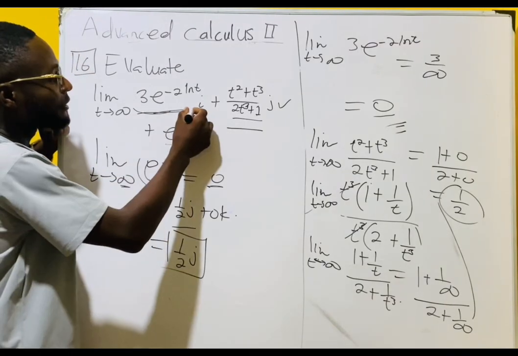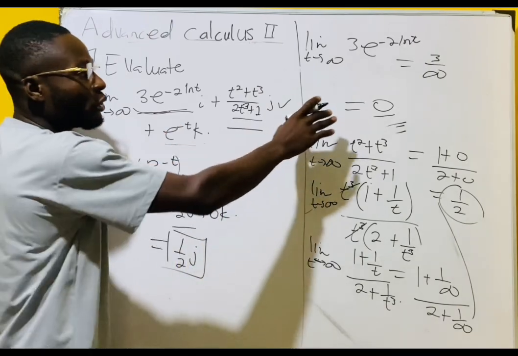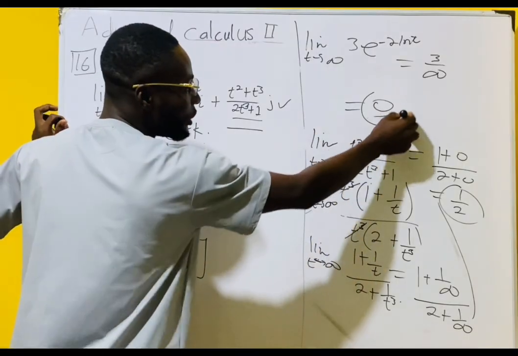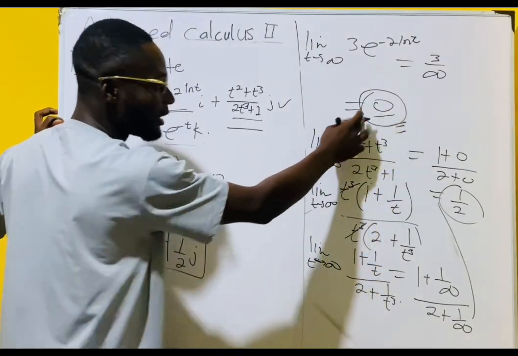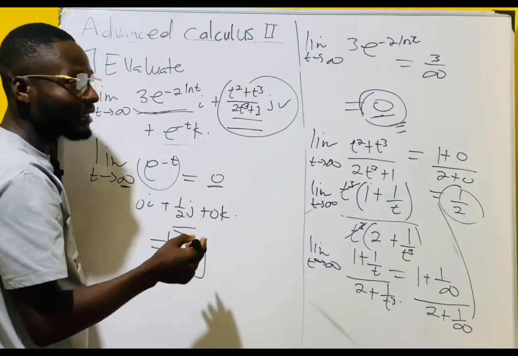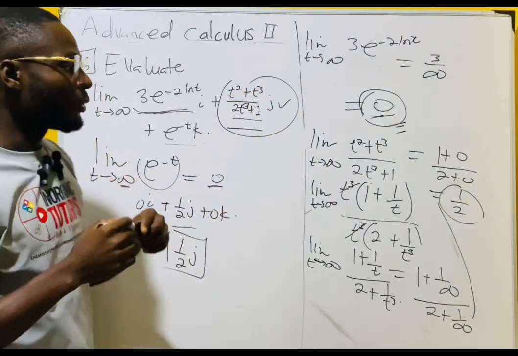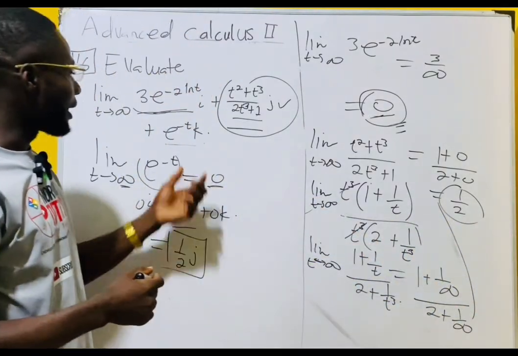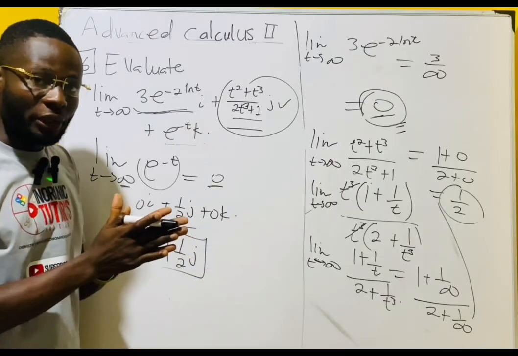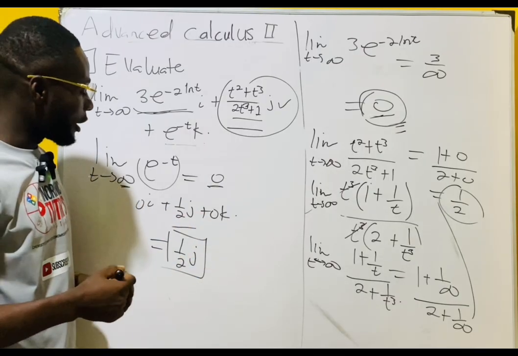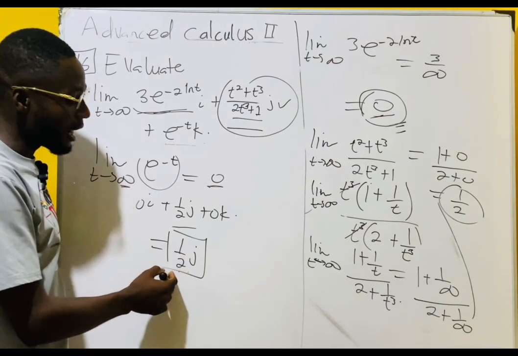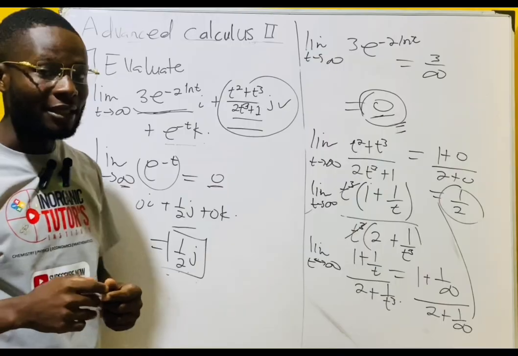So we simplified this and substituted the infinity, and we had 0. Also this, when we simplified it and substituted the infinity, we had half. And also the last component, when we substituted infinity, we had 0. So after combining all terms, our result was half j. And that is question number 16.